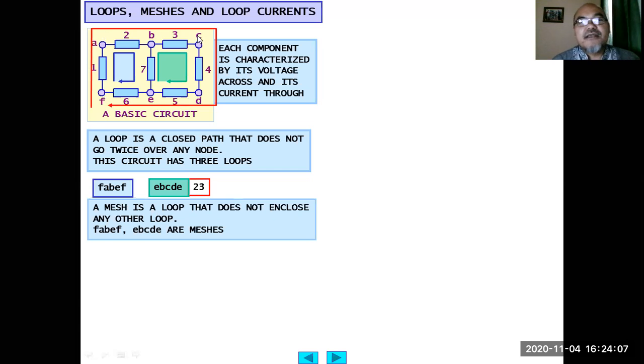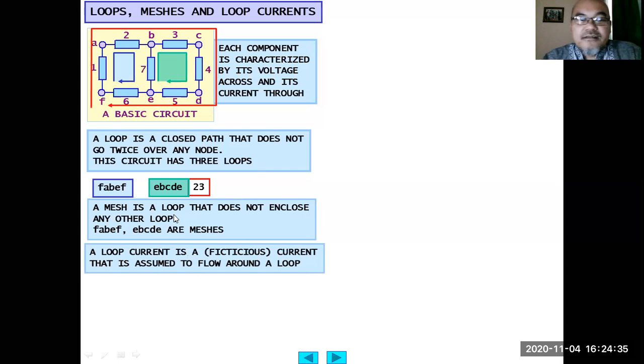This F, A, B, C, D, E, F is a larger loop, enclosing basically two small loops inside it. So if you use only F, A, B, E, F and E, B, C, D, E in this analysis, then we call it mesh analysis, a particular sub-branch of loop analysis which only uses loops that do not enclose any other loop.